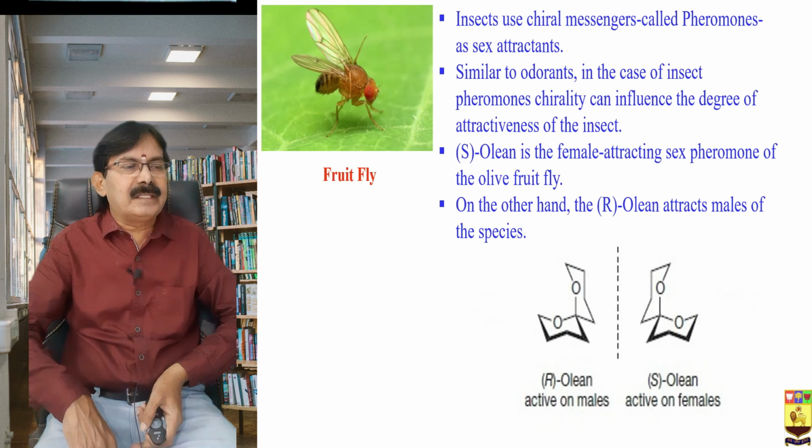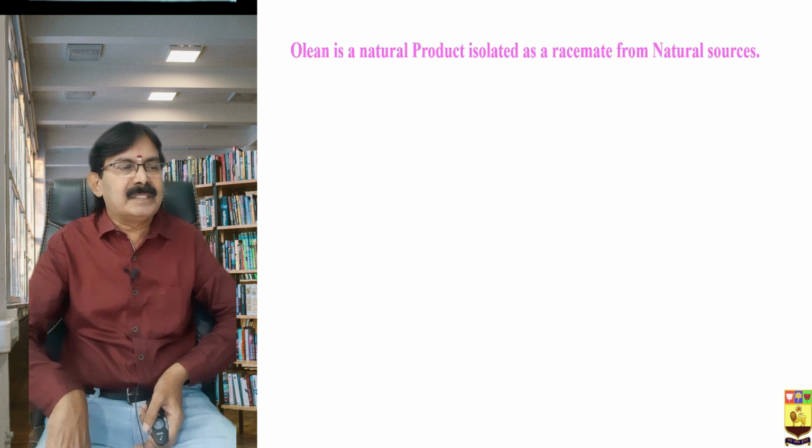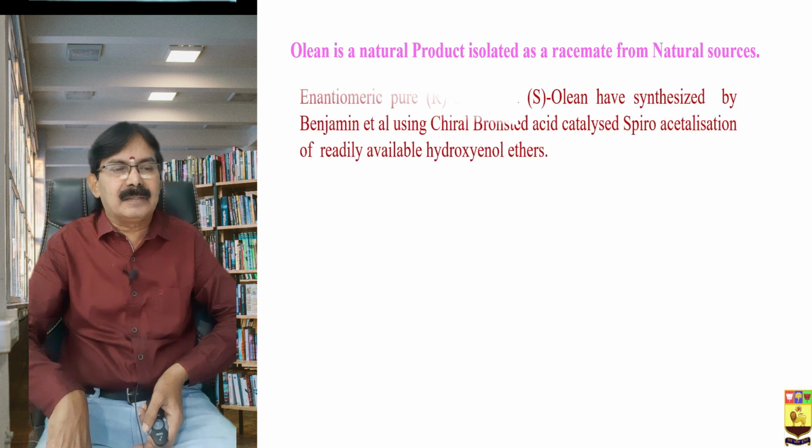So here olean is a natural product isolated as a racemate from natural sources, but enantiomerically pure R-olean and S-olean can be synthesized by List and co-workers using a chiral Brønsted acid catalyst, through spiroacetalization of readily available hydroxy enol ethers.